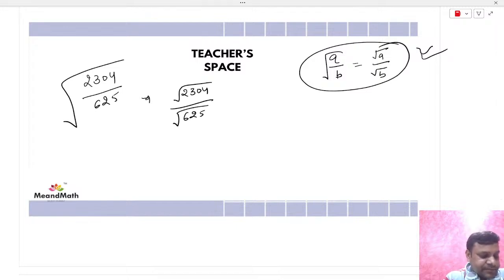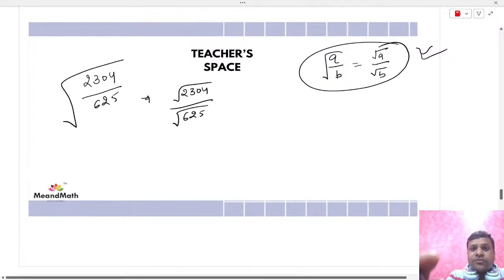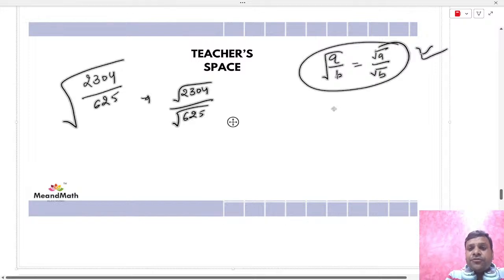Okay, that's great, very good. So root 625 is 25, 25 whole square is 625.